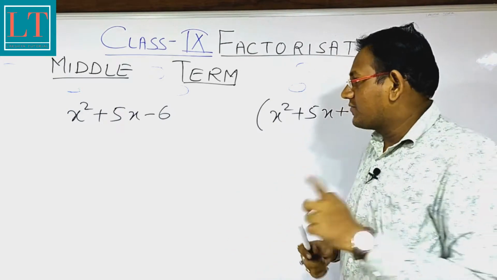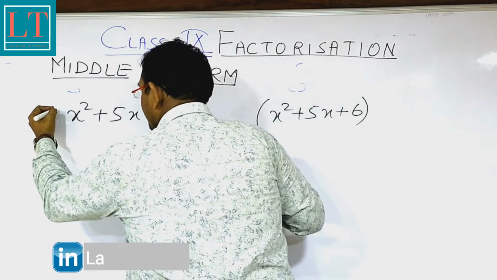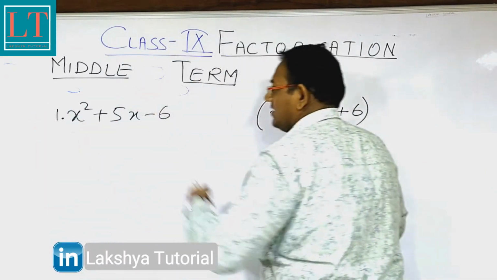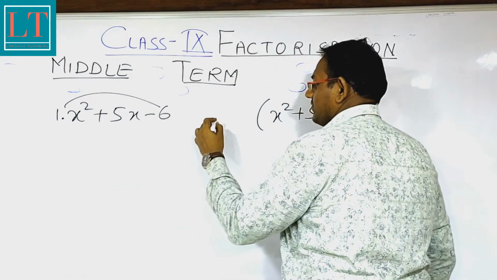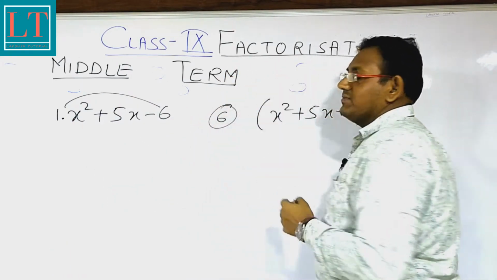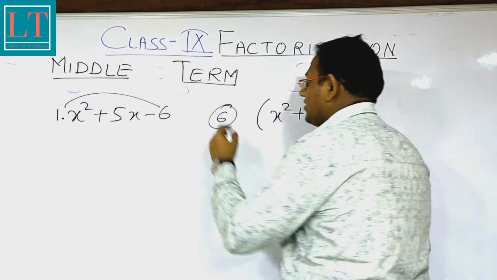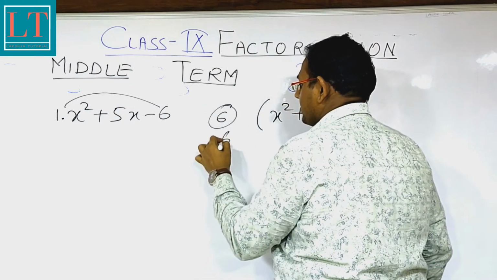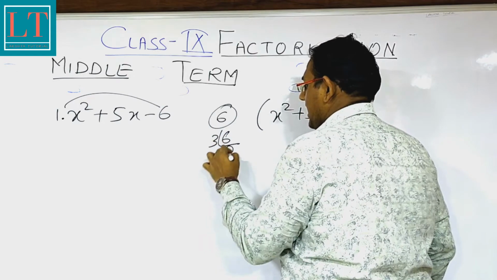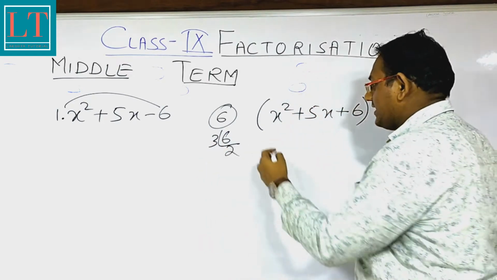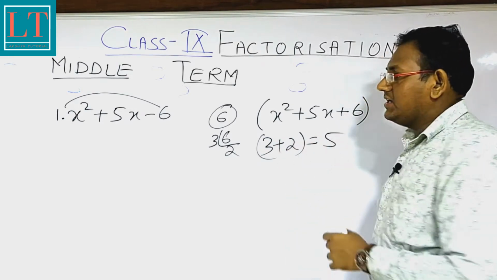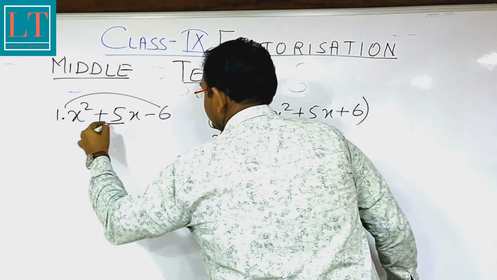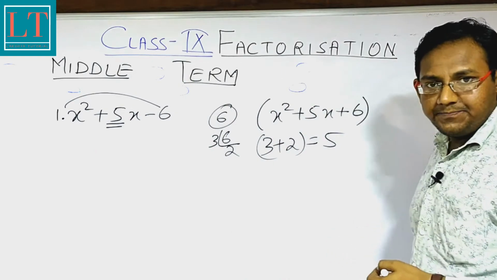First, consider the coefficient, that is 1. Then we multiply this, so 1 into 6 gives the product 6. Then we find the factors: the factors of 6 are 3 and 2. Then 3 plus 2 gives 5, and we can see that 5 is present over here.